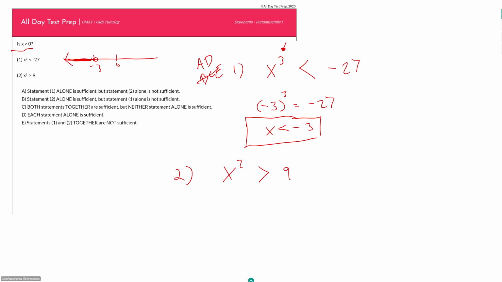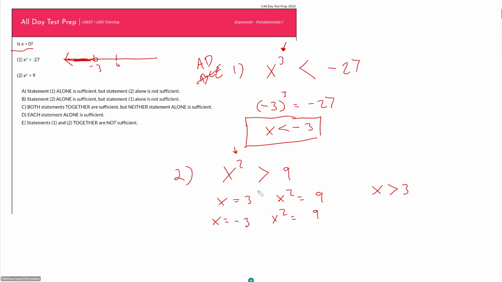If x is equal to 3, then x squared is equal to 9, so one option is x can be greater than 3. But when our base is negative, it's always going to be turned positive because we have an even exponent. We can say the same thing when x is equal to negative 3: x squared will also be equal to 9.